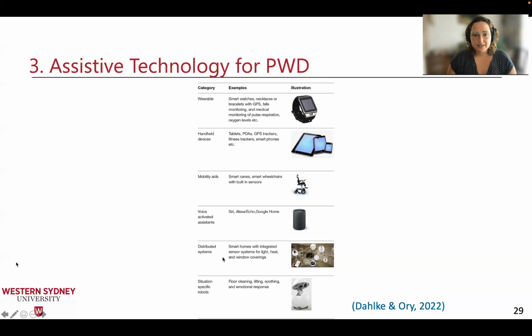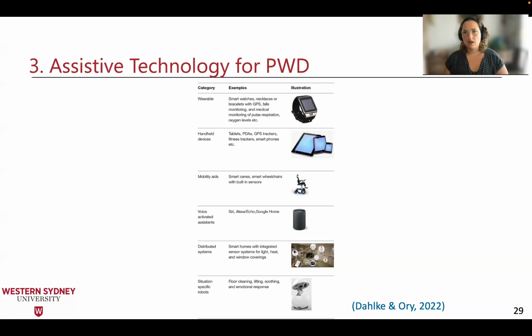We have distributed systems such as smart homes with integrated sensor systems for light, heat, and window covering. These are very expensive but amazing technology. It's not very accessible because of the expense, and you need to install this into a person's home. But you have things that will track the temperature in the house and where the person is in the home, and the lighting in a room, and help give directions and actions, and really be able to track a person's movement.